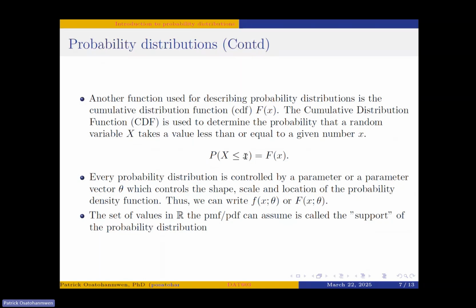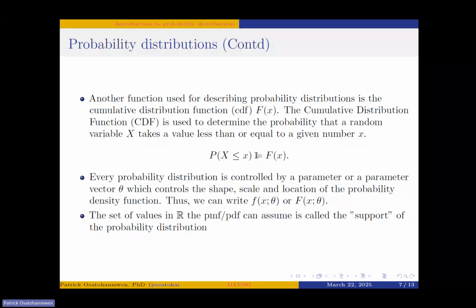Now, if x is discrete, and for example, let's assume the random variable starts taking values from 0, that is, the set of possible values the random variable takes begins from 0, like in the case of age. Remember I talked about the possible values that a random variable takes.